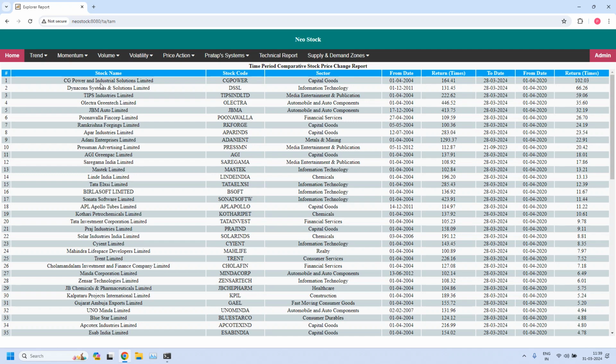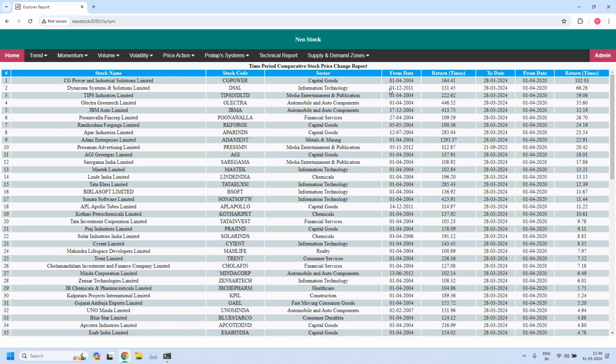Look into the next stock. Dynacons Systems and Solutions Limited. It has given you 131 times return, and recently 66 times return it has given. So 50% return it has given in the recent time.